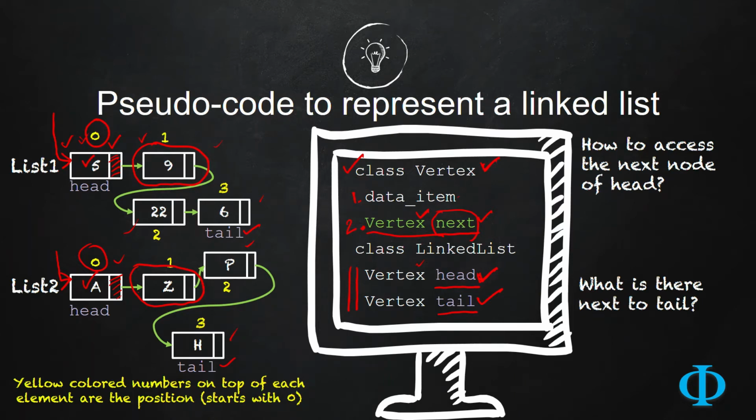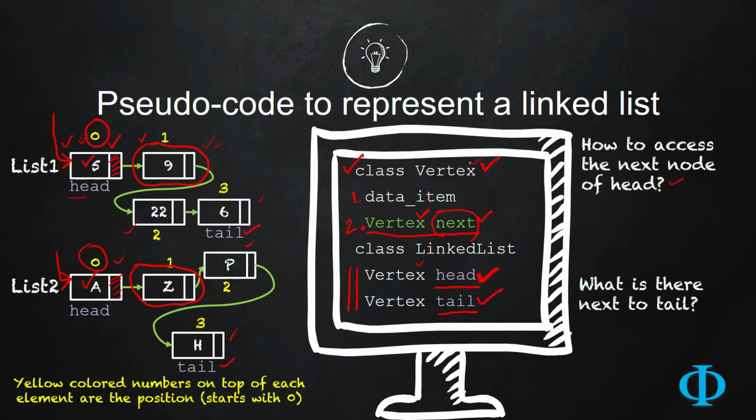So now let us try to answer the question: how to access the next node of the head? Well, we have a special node head here in the linked list, but how can I access the next node of the head? It is very easy. Head is an object of type vertex.